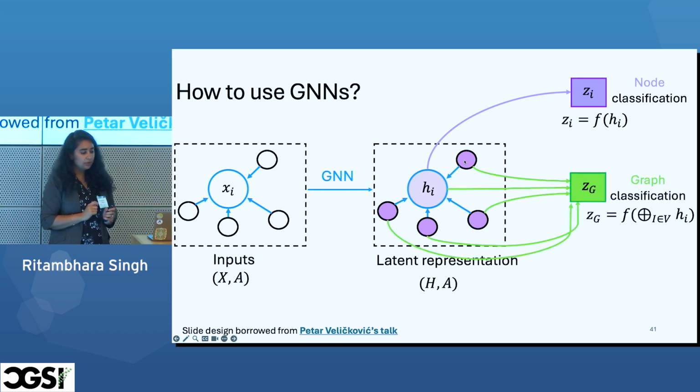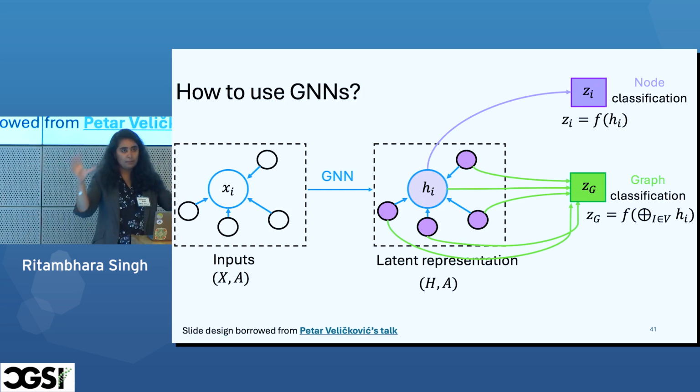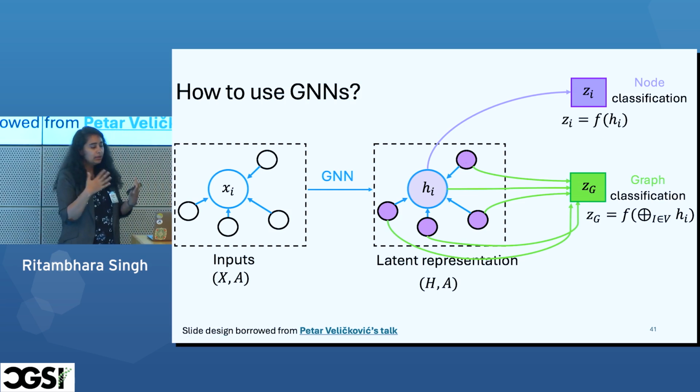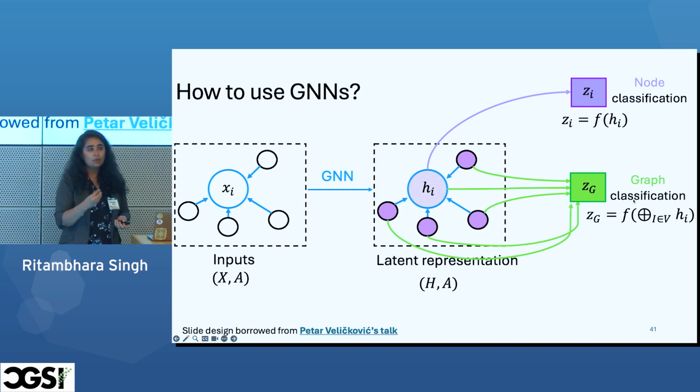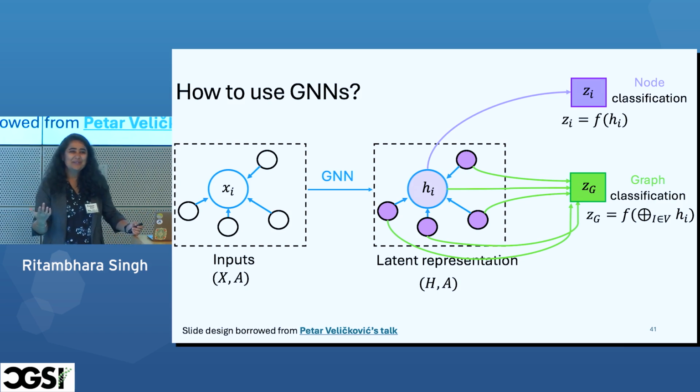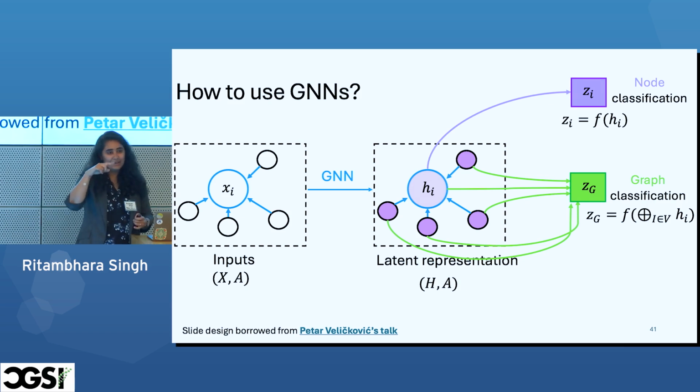Similarly, if I want to do graph classification, I can now combine all the information through concatenation, summation, whatever way I feel like, feed it through another fully connected neural network, and now I can do graph classification on the entire graph. Any ideas on how I might go about doing link prediction? Suppose I want to predict a link between two nodes.